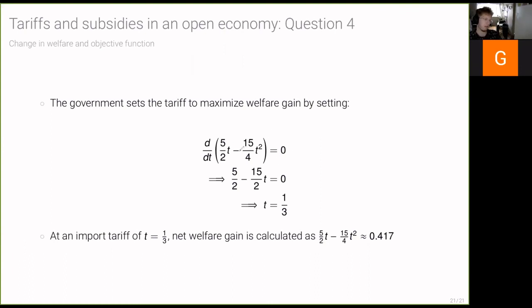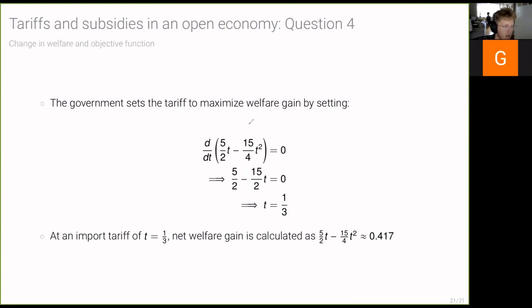You can note that this will maximize welfare if t has a local maximum, which it will, or if the second derivative is negative, which we can note that it is when we take the derivative here.